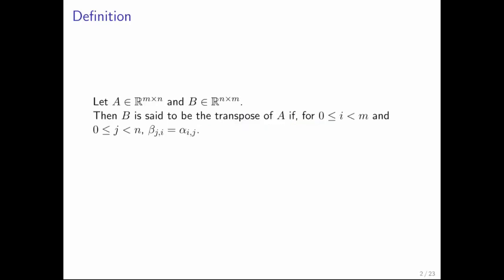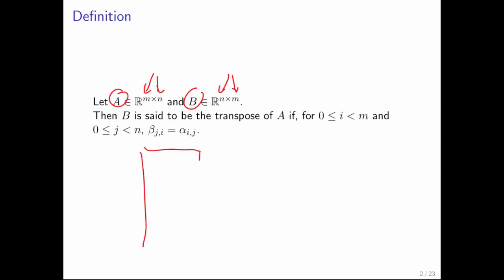Okay, so the definition of transposition is as follows. If we have a matrix A and a matrix B, and matrix A is of size m by n, and matrix B of size n by m. So let's make a picture.